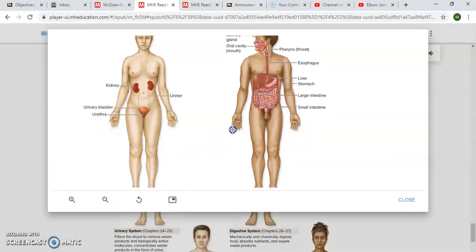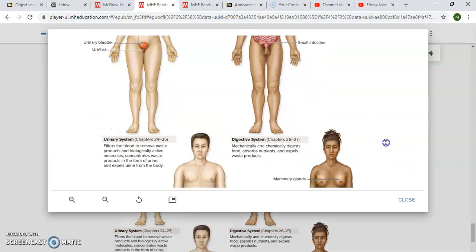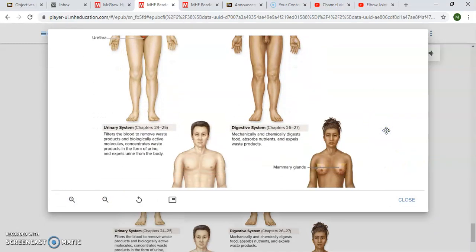So kidneys, ureters, and bladder, and people are probably familiar with this one. The kidneys filter the blood, and any waste products can go into the urine, and anything the body needs stays in the blood. So it helps to clean or filter the blood, so that waste products, stuff that could harm us, don't get built up in the body. And we'll talk in more detail about all the functions of the urinary system.